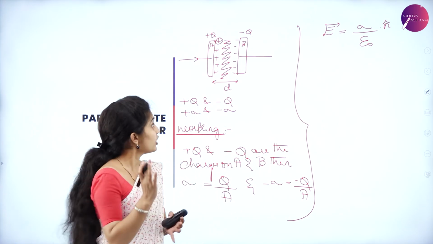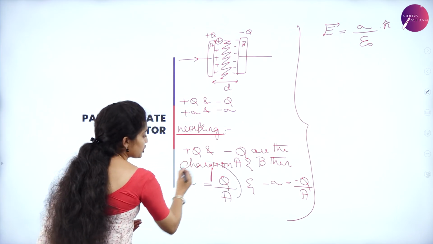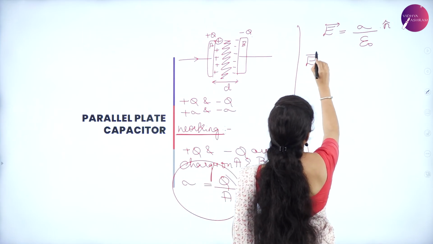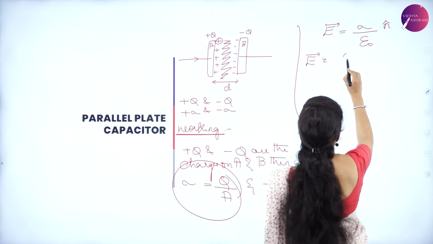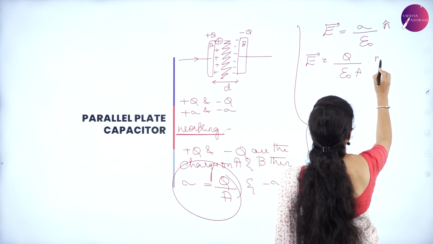Having this, we know that sigma is a positive component, so we will just apply this. So vector E is equal to Q divided by epsilon naught into A, into n vector.